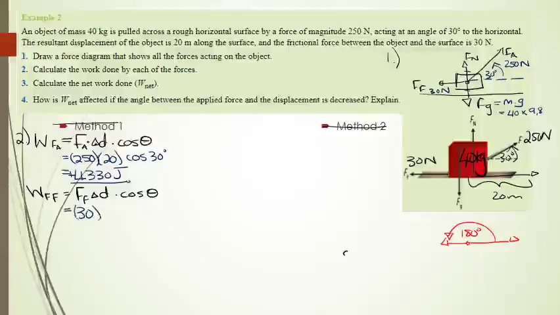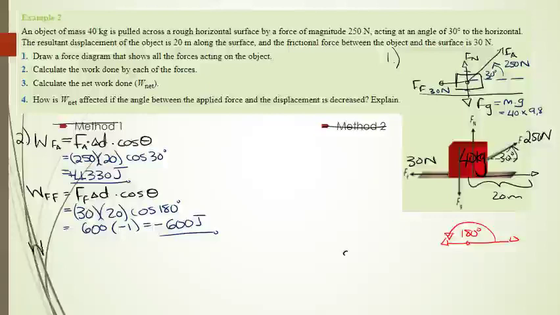Remember, it's an absolute positive value, so we only put that in. I know it's going in the opposite direction. Don't worry, the cos theta is going to deal with that. The distance is 20 meters, and we have cos 180. We know that 20 times 30 is 600, and we're going to times that by -1, which gives me minus 600 joules. That's how much negative work has been done against the box moving, or how much work has been done against moving that box.